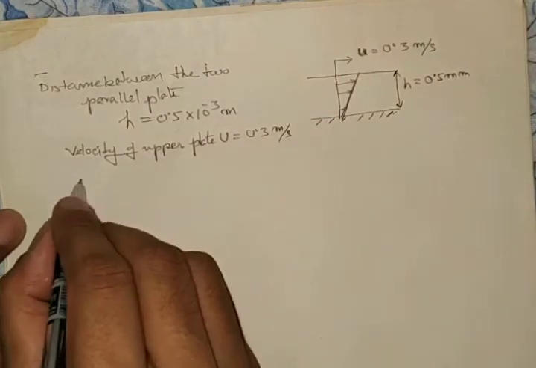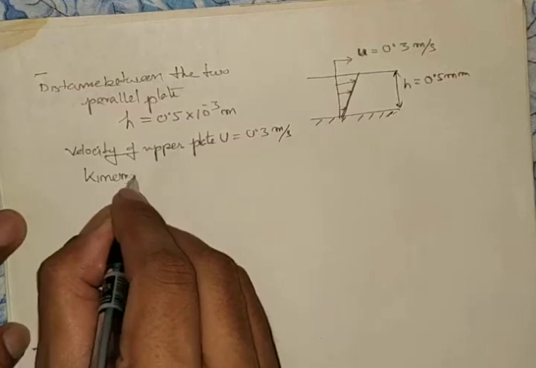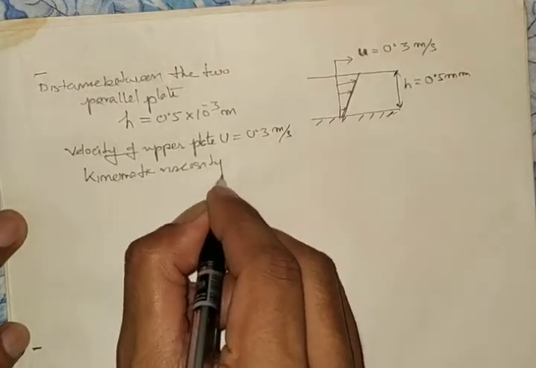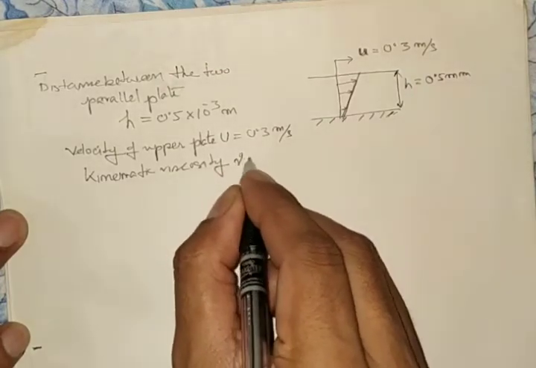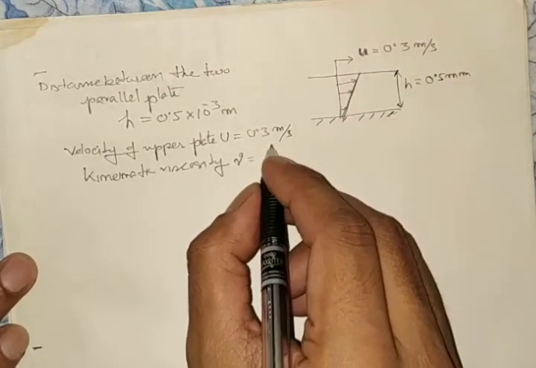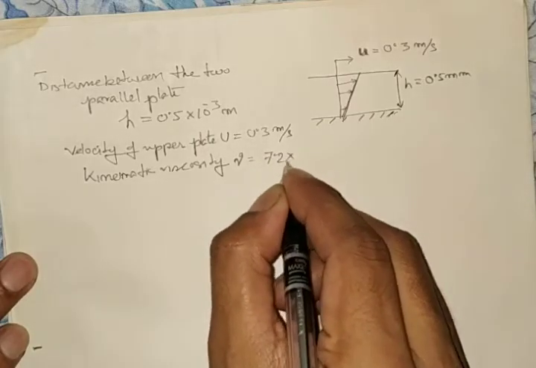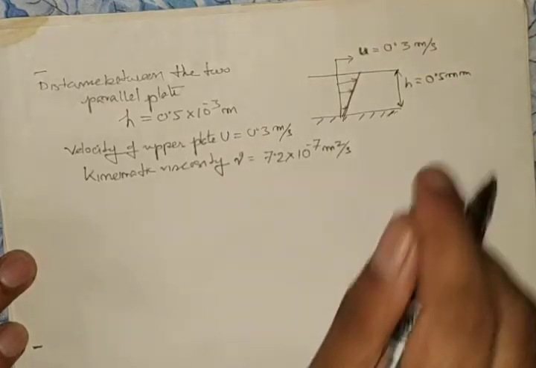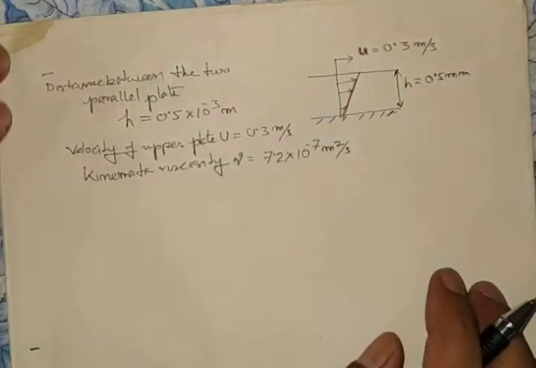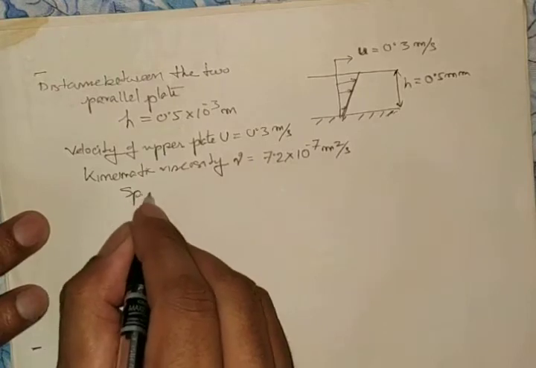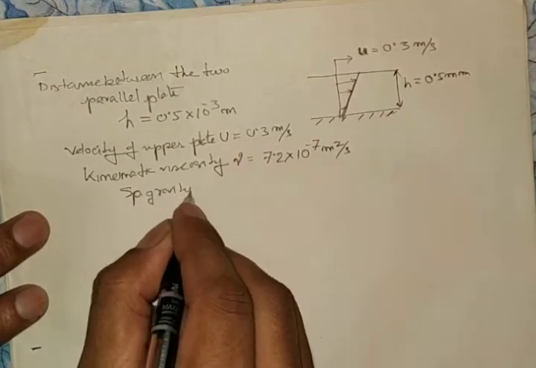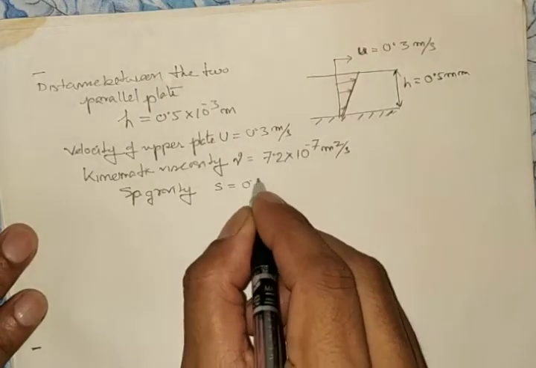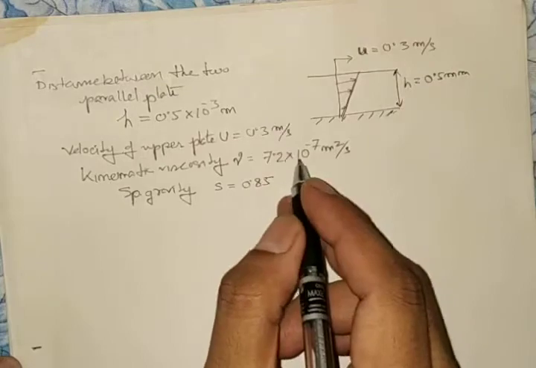The kinematic viscosity, nu, is 7.2 into 10 to the power minus 7 meter square per second. And the specific gravity of the liquid, S, is 0.85. So this is the given data.